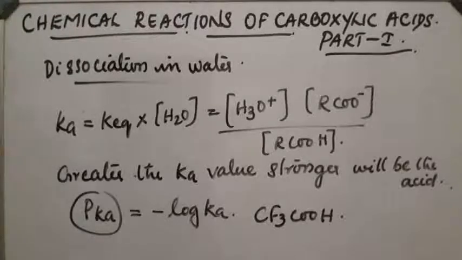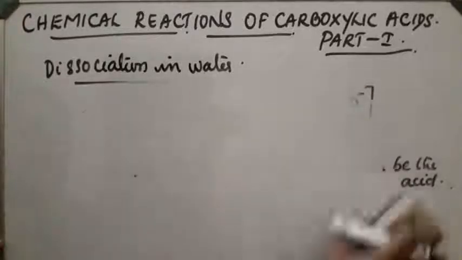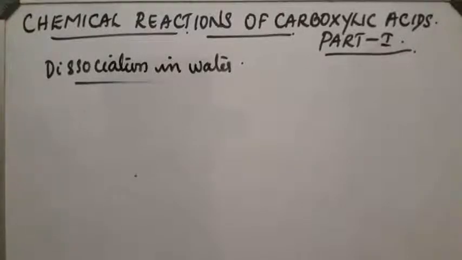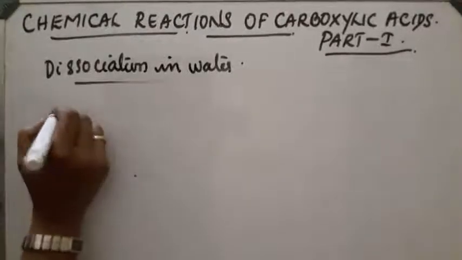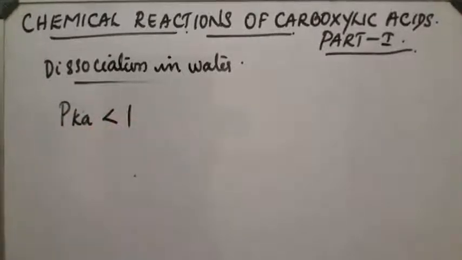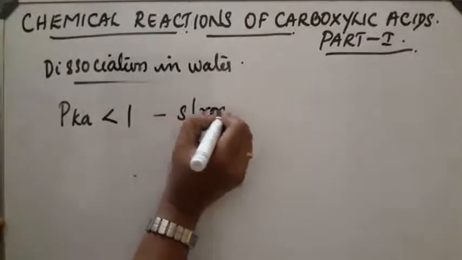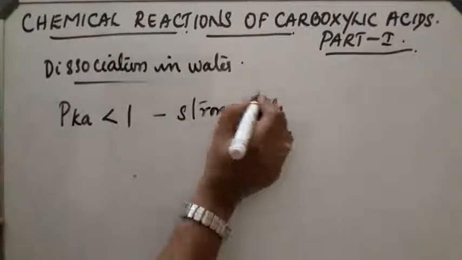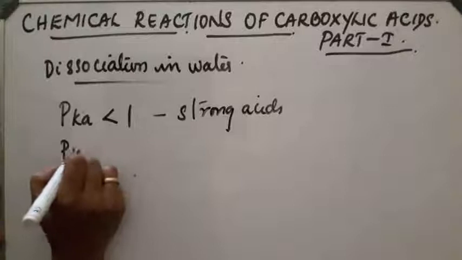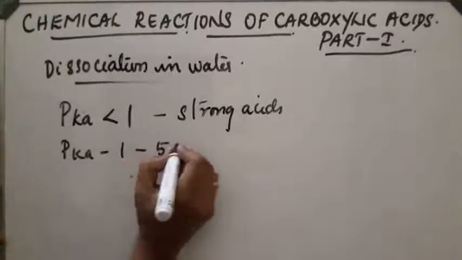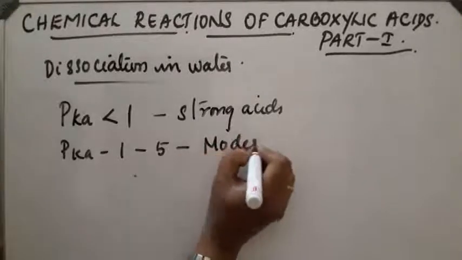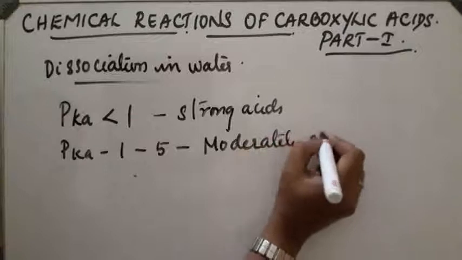Now let us see different acids having different pKa values. If the pKa value is less than 1, they are strong acids. If the pKa value is between 1 and 5, the acid is moderately strong.